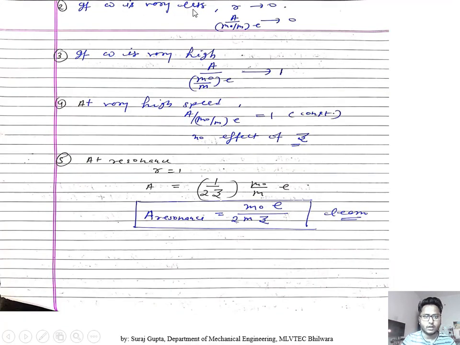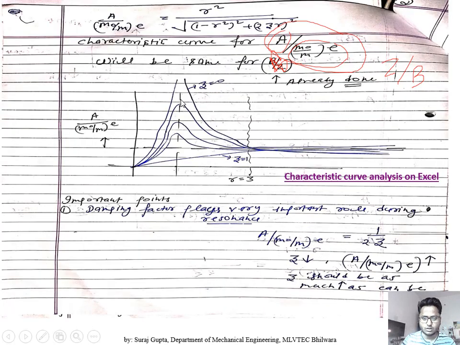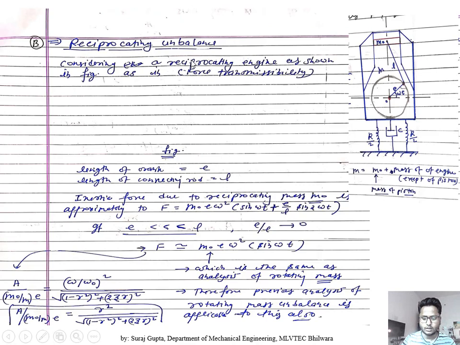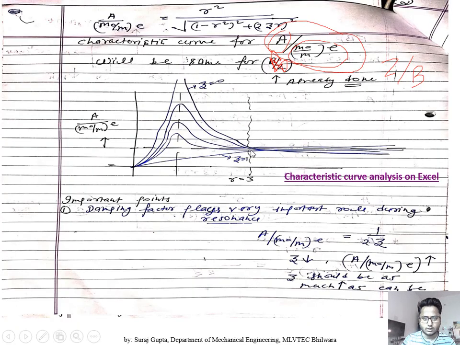If omega is very small, r tends to 0, where r equals omega by omega n. If r tends to 0, we can see this value tends to 0, meaning this ratio will be 0. If omega is very high, r is very high.